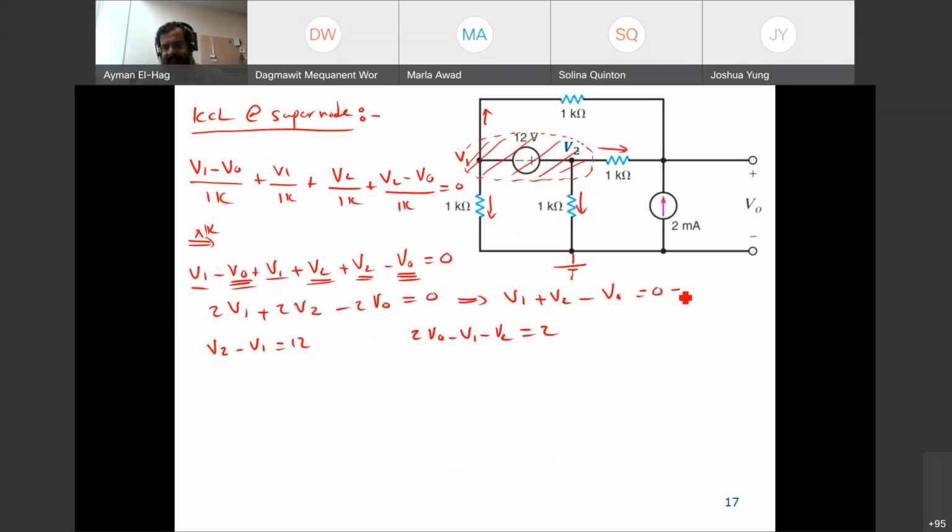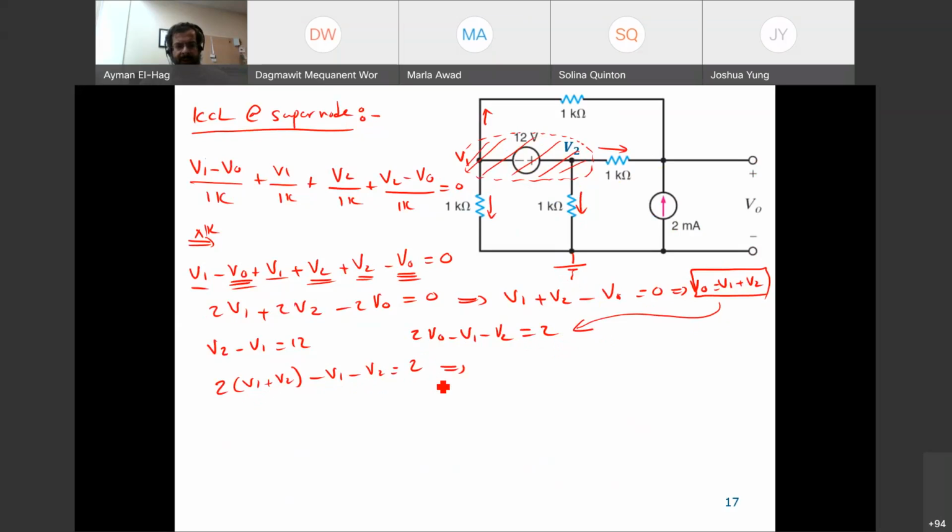So from this, we can say that V0 is equal to V1 plus V2. And then we can come here and substitute V0 in this equation. So we will have 2 times (V1 plus V2) minus V1 minus V2 is equal to 2.